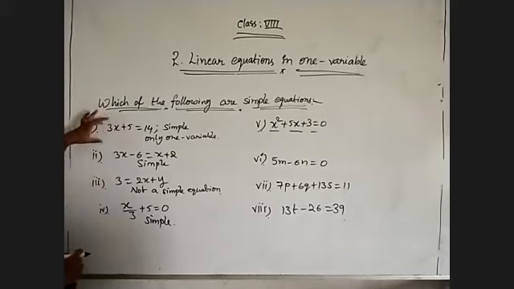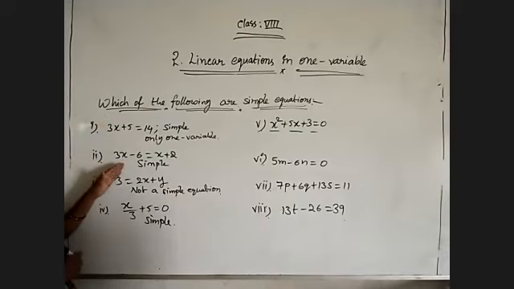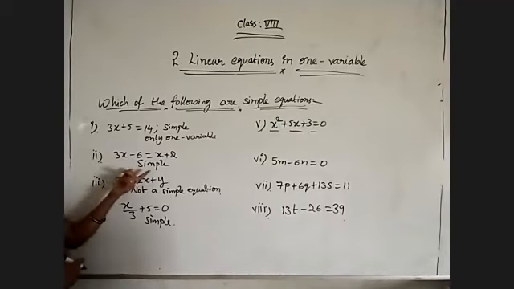So it is an example of a linear equation in one variable also. A simple equation in one variable is nothing but a linear equation in one variable. And the second simple equation is also a linear equation because the degree of this equation is 1. That's why it is a linear equation in one variable.